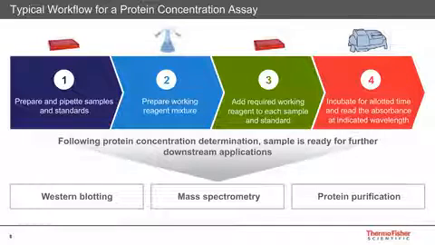Now, this is a typical workflow for a protein concentration assay, where you prepare and pipette samples and standards. You prepare the working reagent mixture. For example, for the BCA assay, we mix copper solution and reagent, and I will explain in detail about the working reagent for BCA in the next slides.